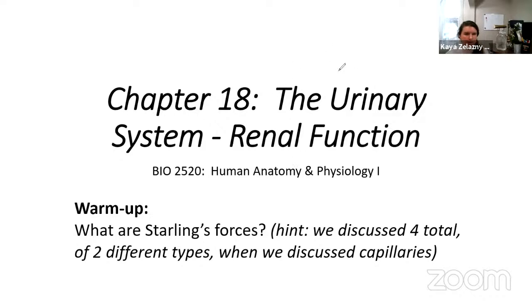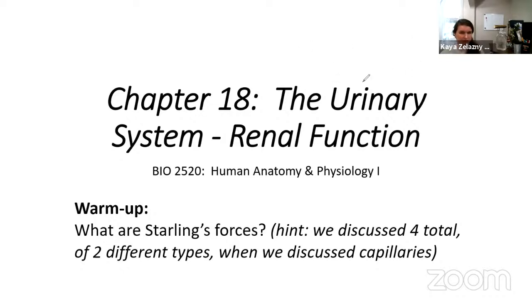When we left off on Monday, I'd been talking about the glomerulus specifically, but we'd also covered some of the basic terms we want to remember when thinking about the kidney, specifically the nephron. Those terms were filtration, things moving out of the plasma into Bowman's space, which is part of our renal corpuscle.